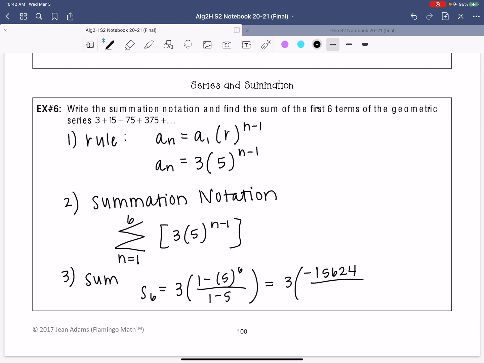Negative divided by negative becomes a positive, and using a calculator again, we get 11,718. So just check that you're able to get these same numbers on your calculators. And that's how you would write a summation notation. For summation notation, you need to write a rule first, and then you can put it into the summation notation.